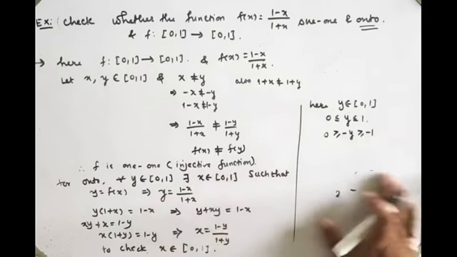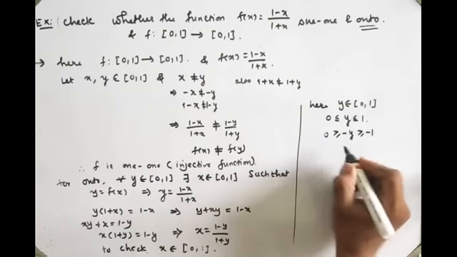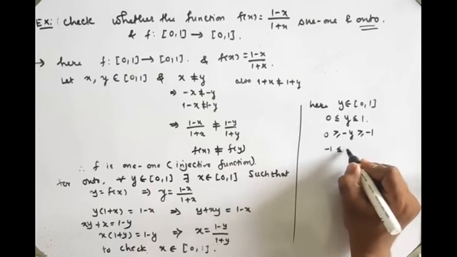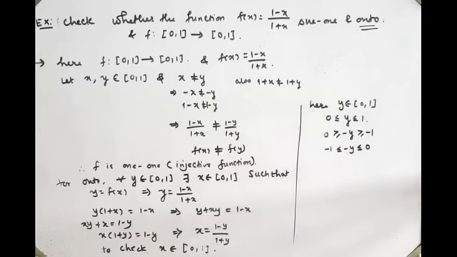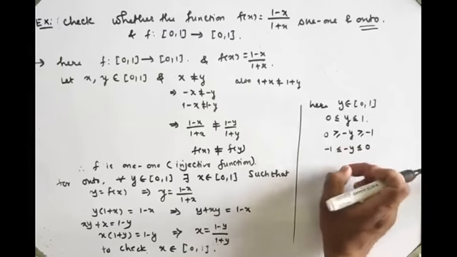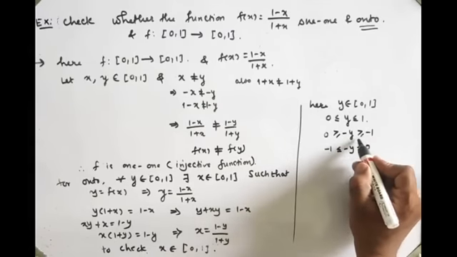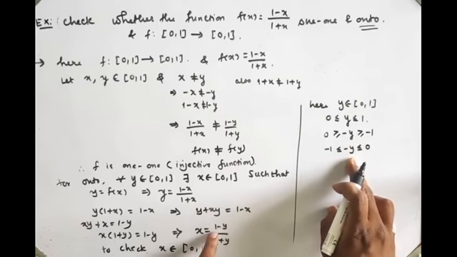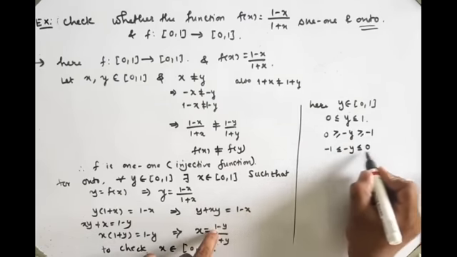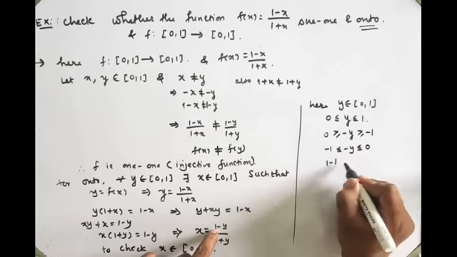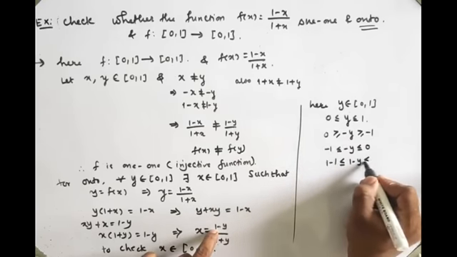So here I get, writing it in this direction, minus 1 less than or equal to minus y less than or equal to 0, right? We want 1 minus y, so add 1 throughout, so I get 1 minus 1 less than or equal to 1 minus y less than or equal to 1.